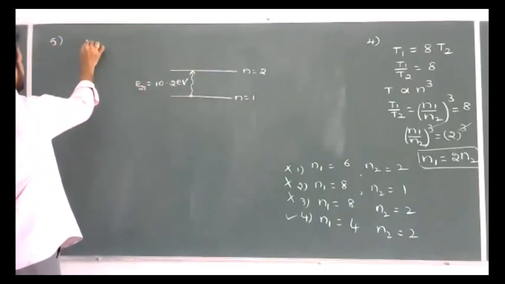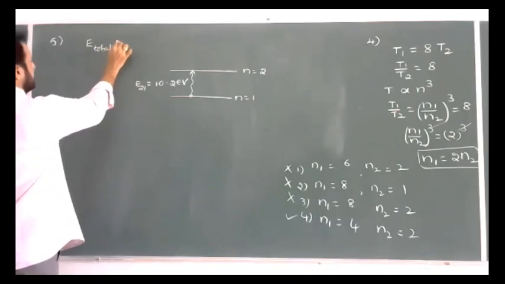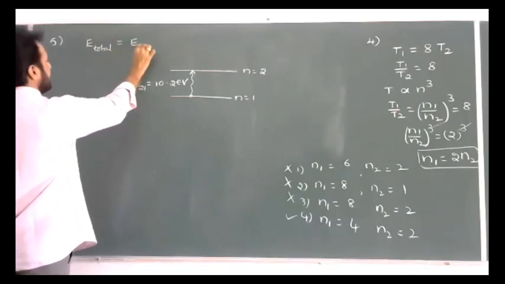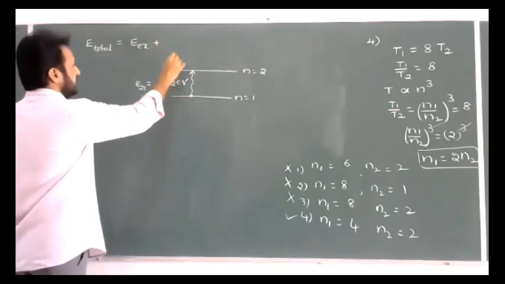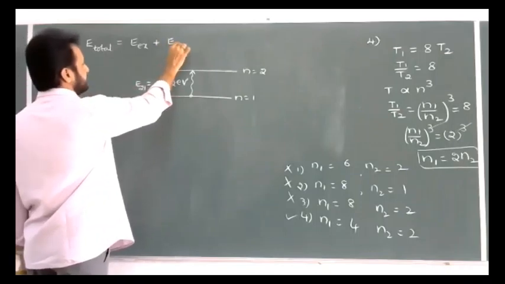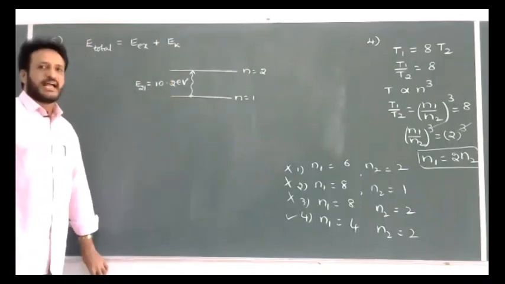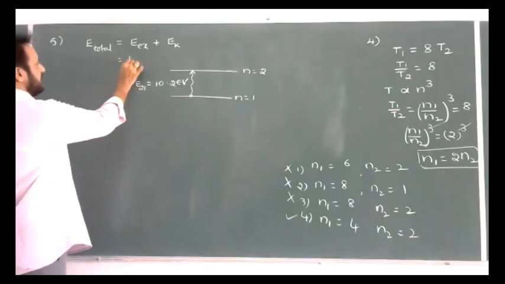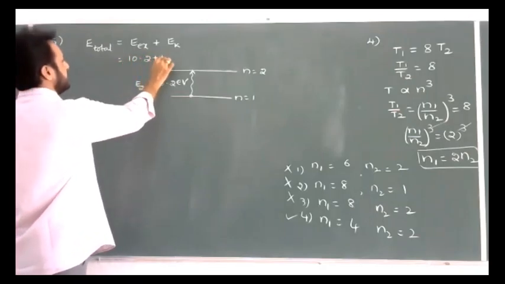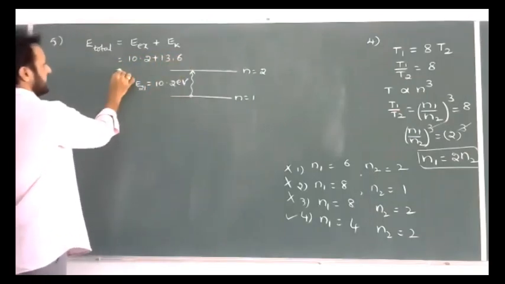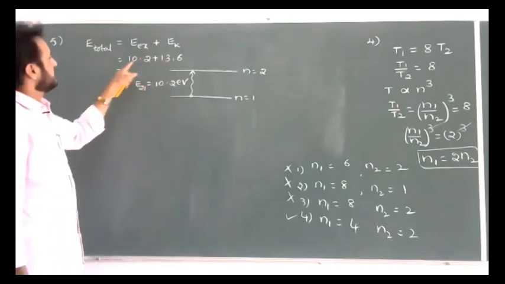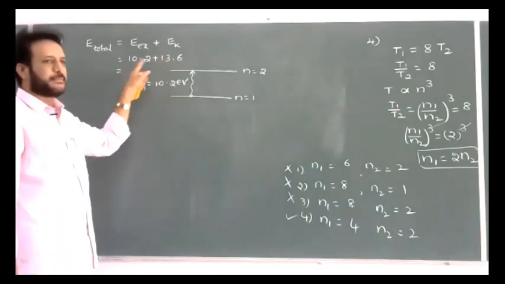So you should take E total. E total is equal to E excitation plus the kinetic energy. Add both the values: 10.2 plus 13.6. So 13 plus 10, that is 23.8.